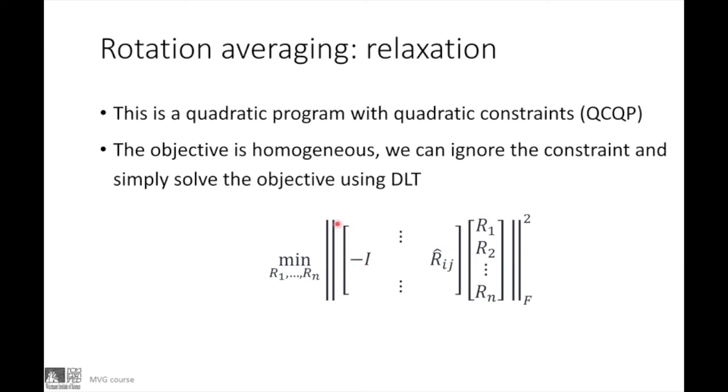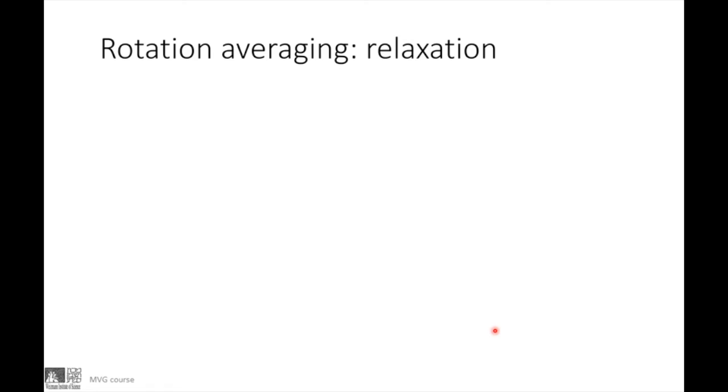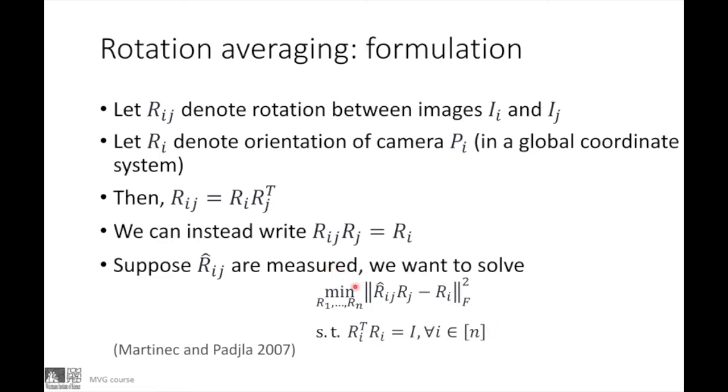Again, you have only I and Rij. All the rest are 0, because I'm just re-implementing this equation. Each equation here involves only Rj and Ri.